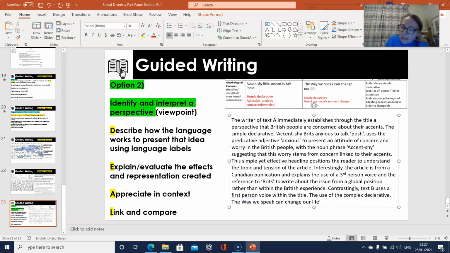So the use of the complex declarative, the way we speak can change our life, creates a positive perspective in which the writer champions the benefits of changing, I've said adapting, haven't I, in my table, of adapting the way you speak.